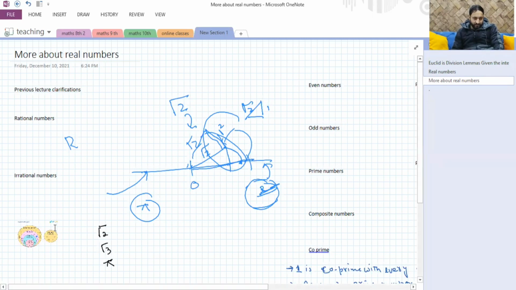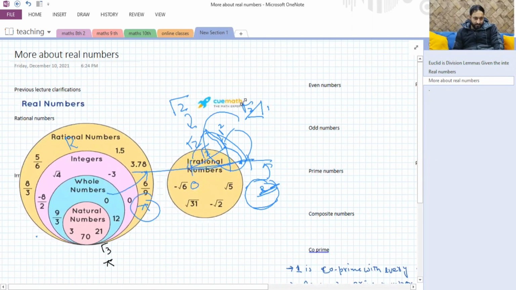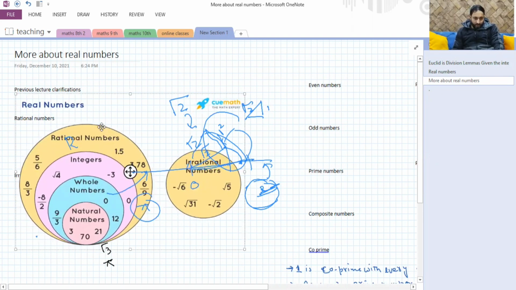All rational numbers plus irrational numbers make up real numbers. Real numbers are a superset of rational numbers and irrational numbers. And in the rational numbers, all other numbers come, like integers, whole numbers, natural numbers.